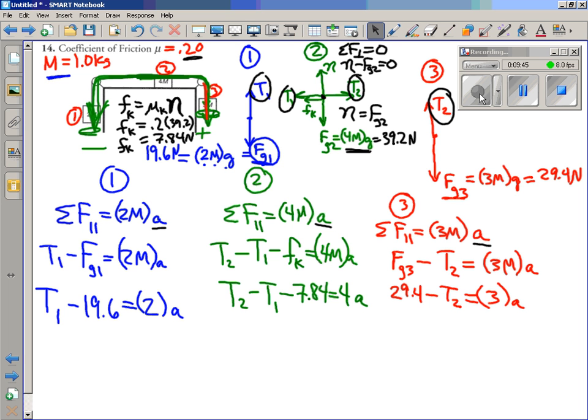I have 3 unknowns that we're solving for, but then I also have 3 equations. So with the 3 equations and 3 unknowns, my unknowns are acceleration, T2, which appears a couple times here, T1, which appears a couple times here, and so I can solve for this.